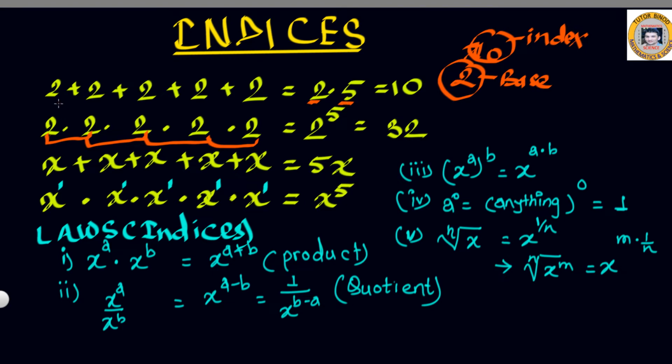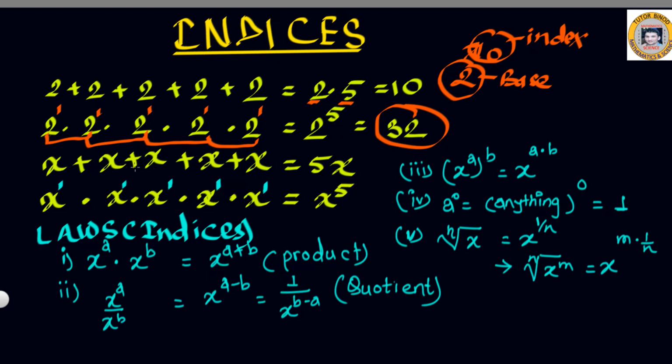Also, you can see this as 2 to the power 1, 2 to the power 1, 2 to the power 1, 2 to the power 1, and 2 to the power 1. When you add all the powers, we get 1 plus 1 plus 1 plus 1 plus 1, which is 2 to the power 5, and which is equal to 32. So this is one of the properties of indices.